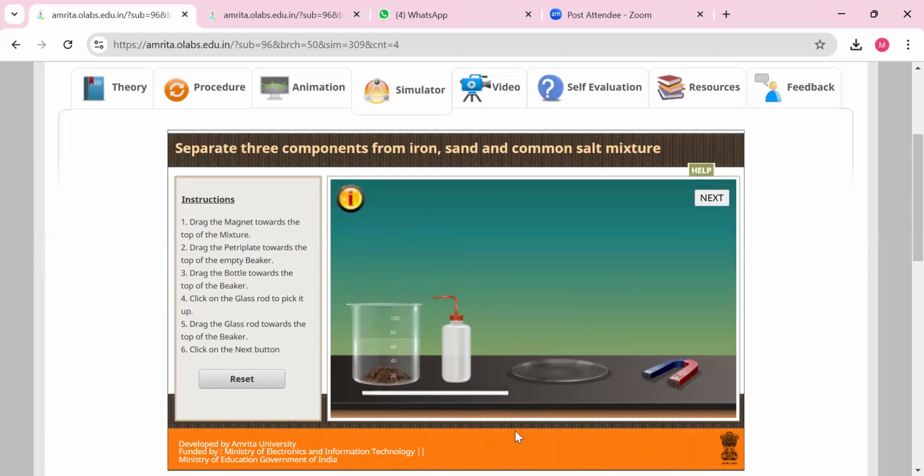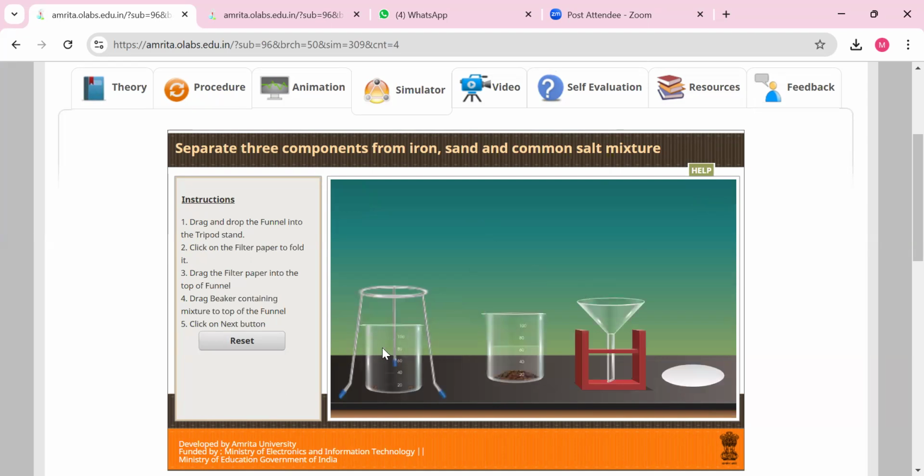First, in this plate, there were three particles mixed, iron, sand and salt. Iron particles are easily separated with the help of the magnet. Then I put the remaining part, sand and salt, into the beaker and add some water. So the magnet separates the iron filings from the mixture of salt, iron and sand.